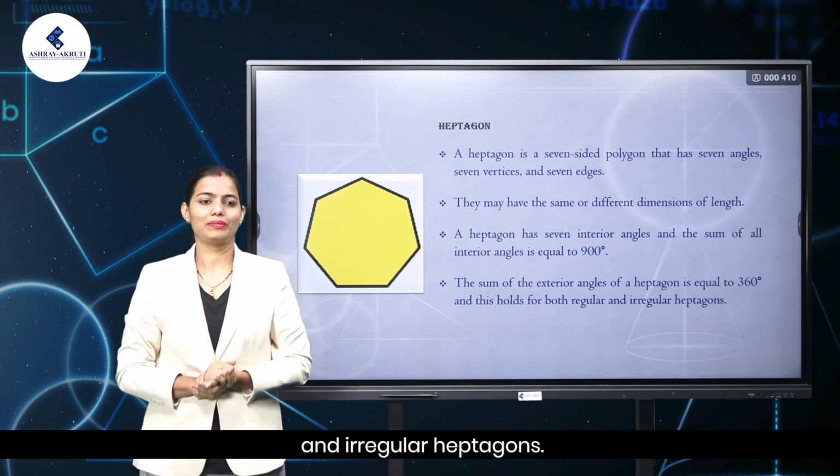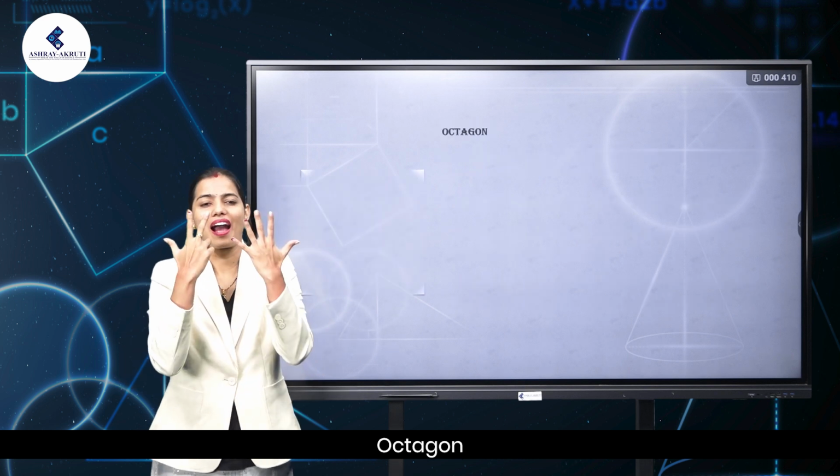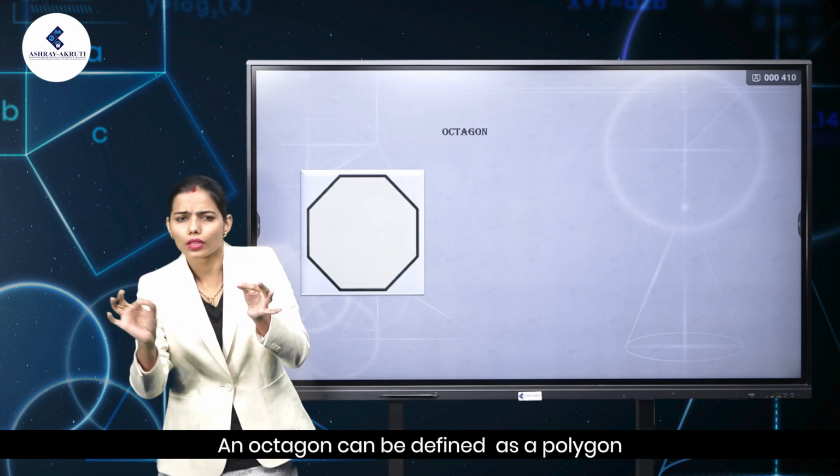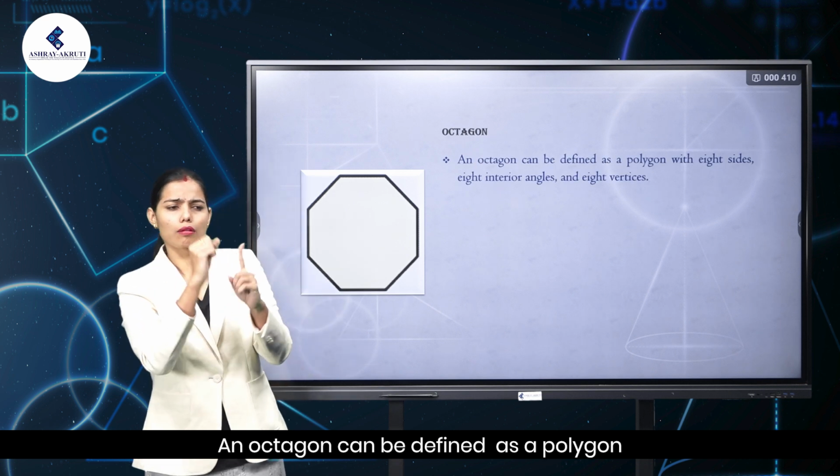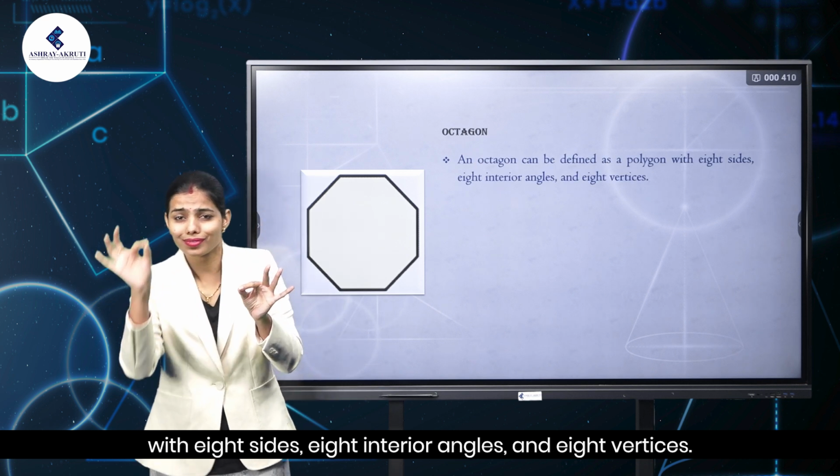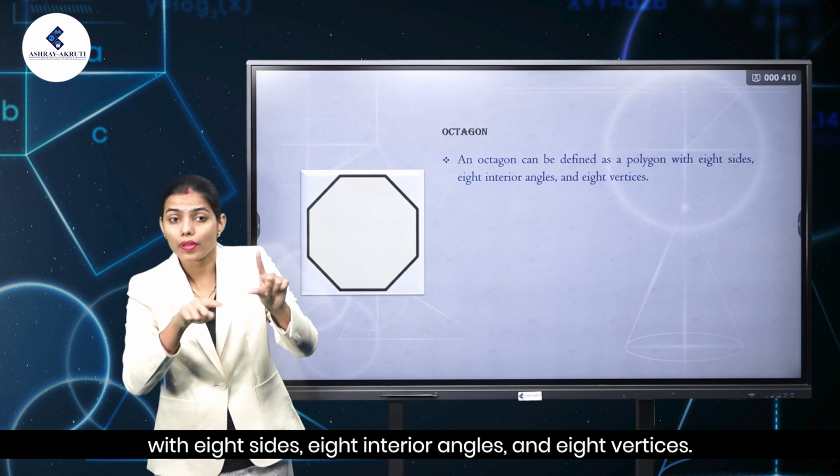Octagon. An octagon can be defined as a polygon with 8 sides, 8 interior angles and 8 vertices.